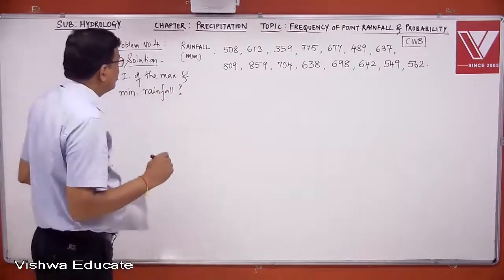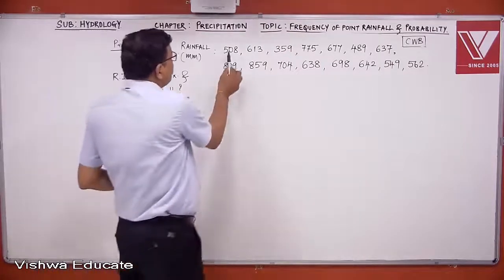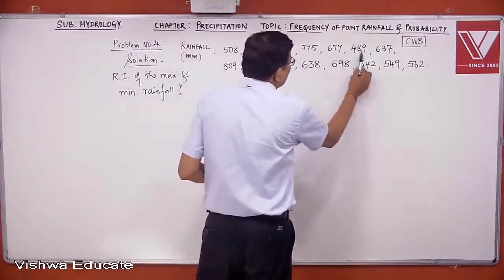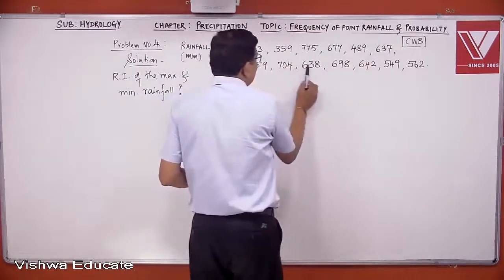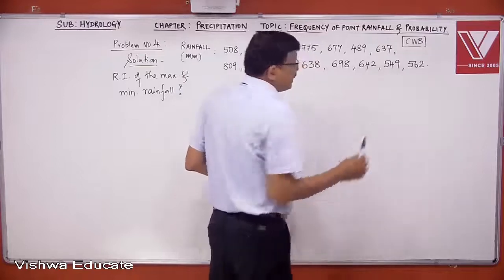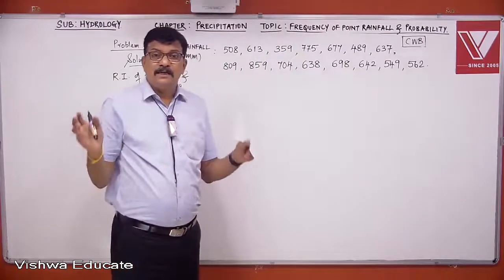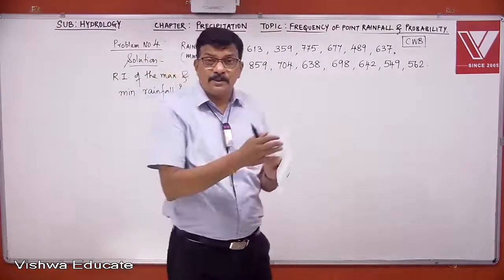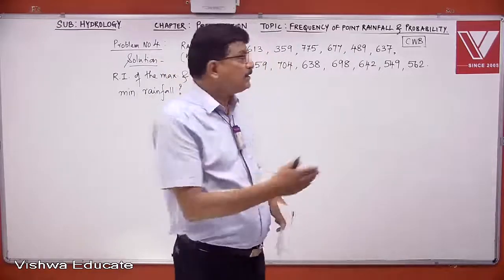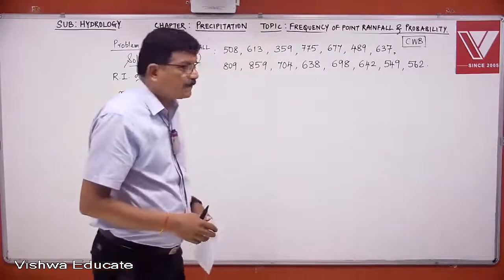Okay, that is what is required. So we have here 1, 2, 3, 4, 5, 6, 7, 8, 9, 10, 11, 12, 13, 14, 15 values. It's a 16 year period, so the intervals would be 15. That's the reason why we have 15 values here, right?